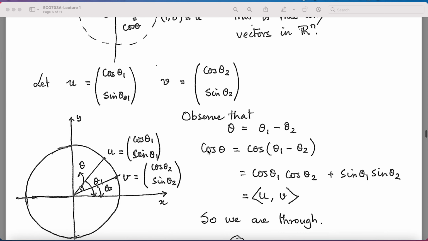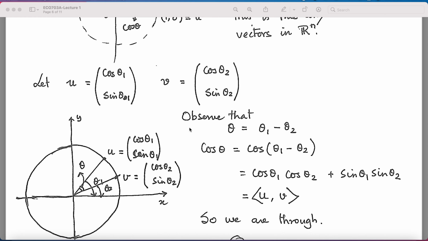Let us see what cos theta is. Cos theta is cos of theta 1 minus theta 2, which you know from basic trigonometry is cos theta 1 into cos theta 2 plus sin theta 1 into sin theta 2, and that is nothing but the inner product between u and v.